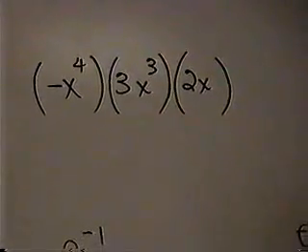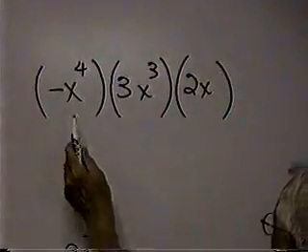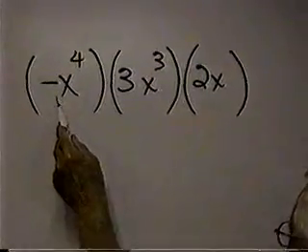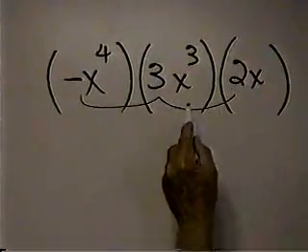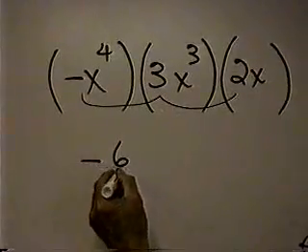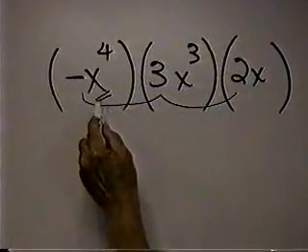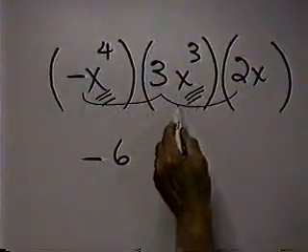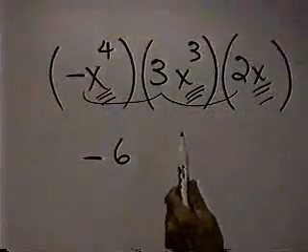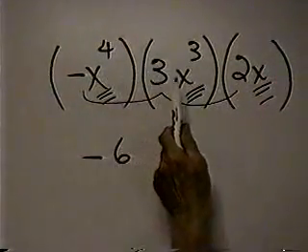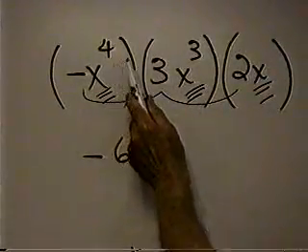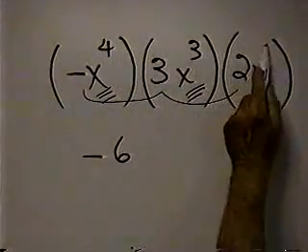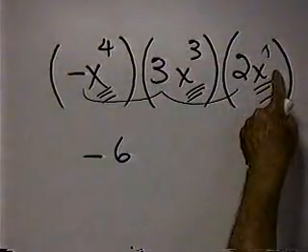All right, now what you need to learn to do is you multiply numbers. This is a minus 1 times numbers times numbers. So that's a minus 6. Then you multiply the letters, x times x times x. Remember now, if you multiply x times x, you add powers. So that's 4 plus 3 plus 1. If there's not a number there, it's a 1.